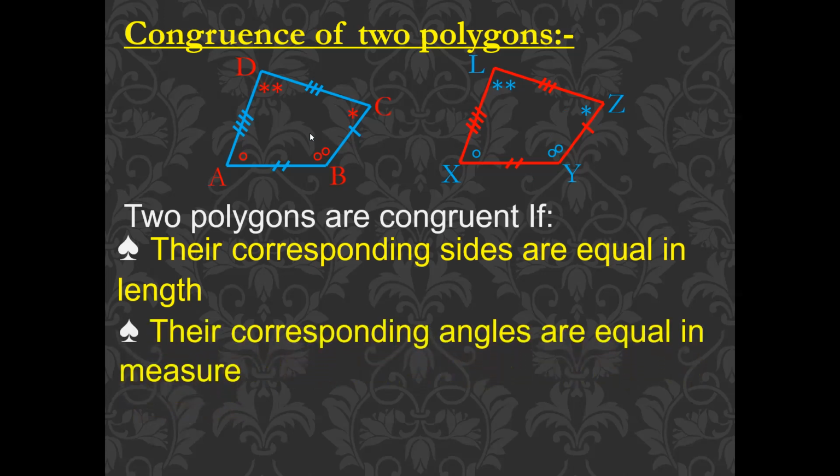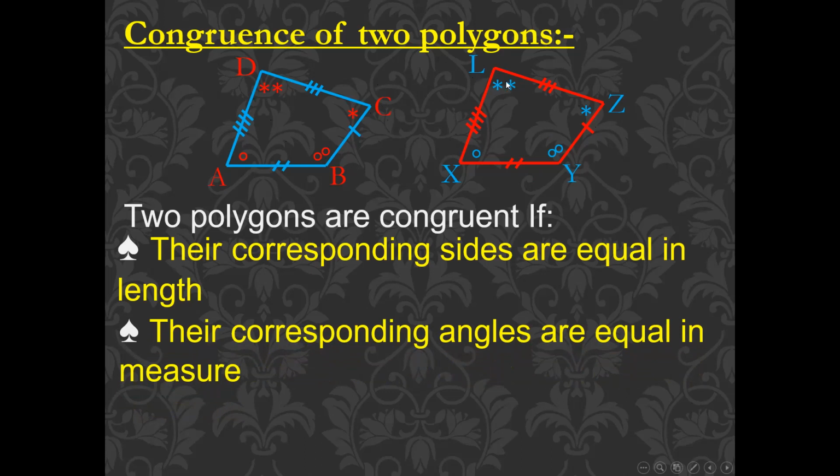As you see in the two polygons, AD equals XL, corresponding sides equal in length, DC equals LZ, CB equals ZY, and AB equals XY, and all angles are equal in measure.